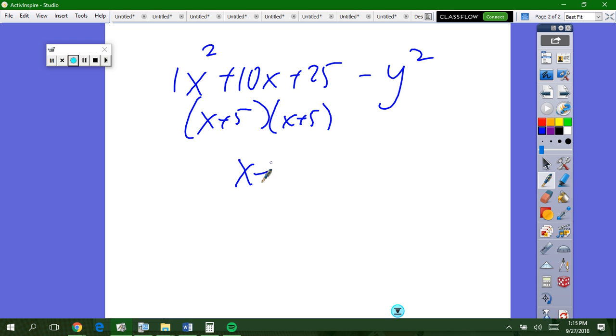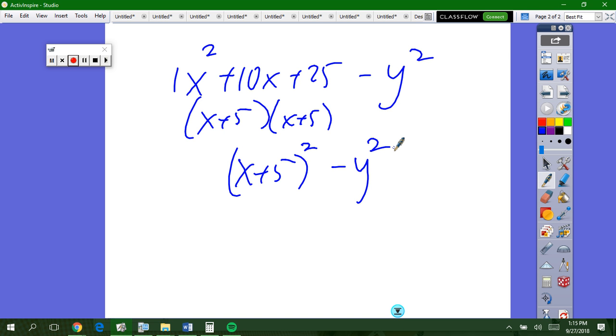Which is this. Right? Does anybody remember what this is called? We talked about it last time. If you put it in your notes. Difference of squares. Because isn't this something, a number being squared? Because I have a binomial squared, right?